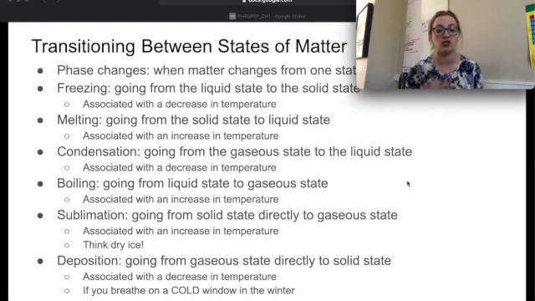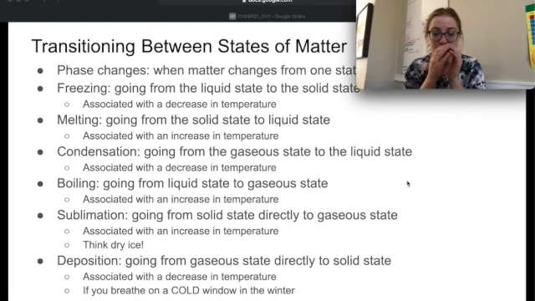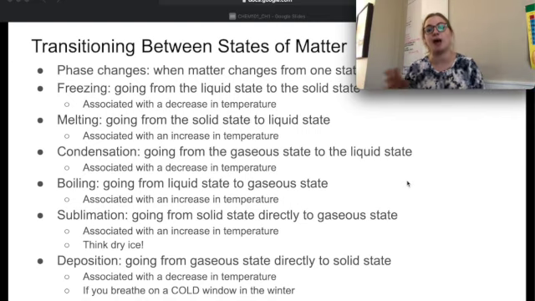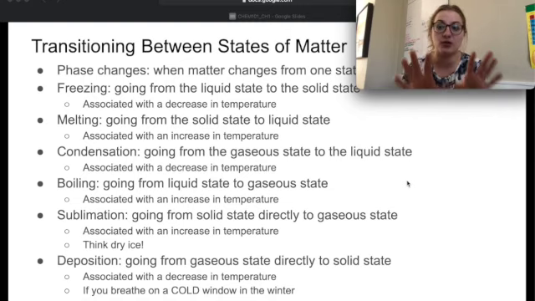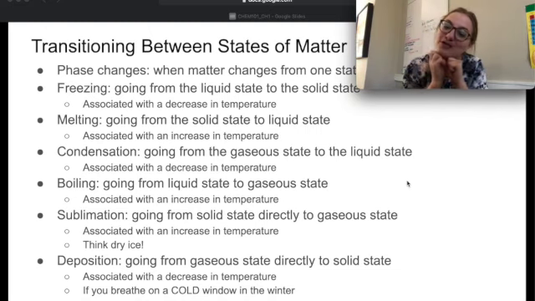And deposition is the opposite of that. Deposition is going from the gaseous state directly to a solid state, and it's associated with a sharp decrease in temperature as well. So if you think about it, if you breathe on a super cold window in the winter, which of course we can do here in the Midwest, you can start to see some of the vapors from your breath solidify on that window, and they'll make really beautiful snowflake-like crystal patterns.